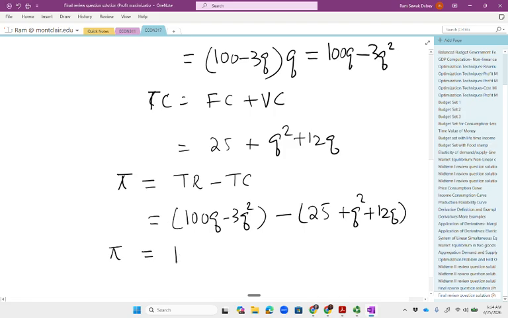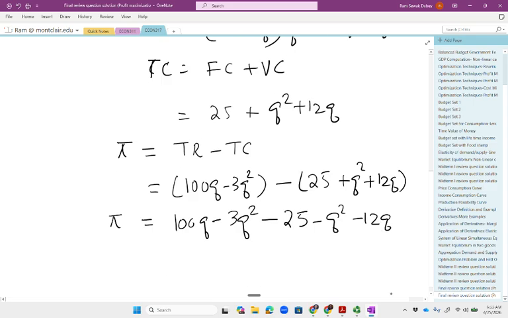For total revenue there's no sign in front, which means it is plus, so I remove the parentheses without changing the sign of the terms. I have a negative sign in front of total cost, so the sign of each term within the parentheses will be reversed. Each one of these terms has a positive sign, so they all become negative: minus 25, minus Q square, minus 12Q.